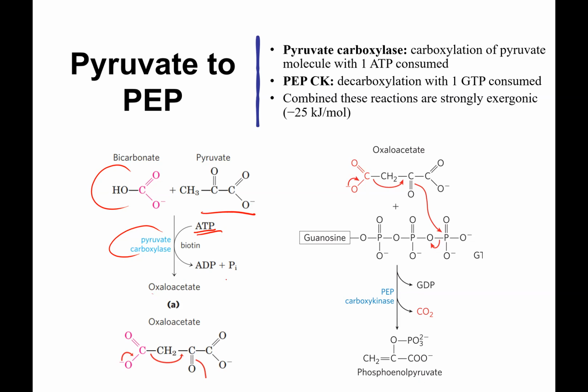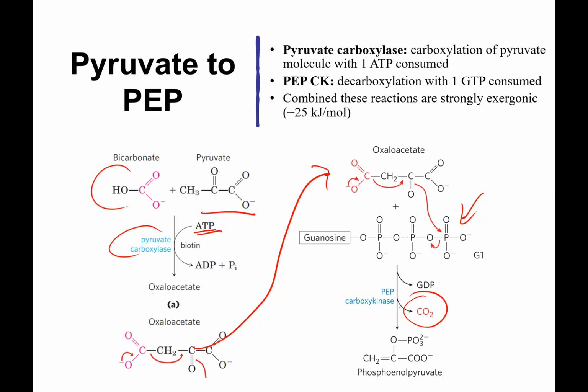And then once we have oxaloacetate, this is actually the chemistry that's happening in this next step here. This quickly turns around and does a nucleophilic attack here on GTP. So rather than consuming ATP at this point, we're consuming GTP, and we lose CO2 here.